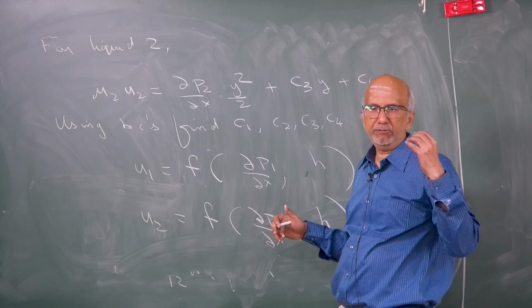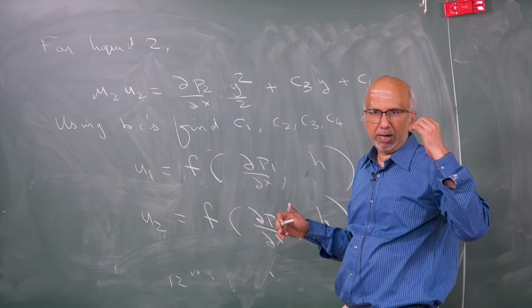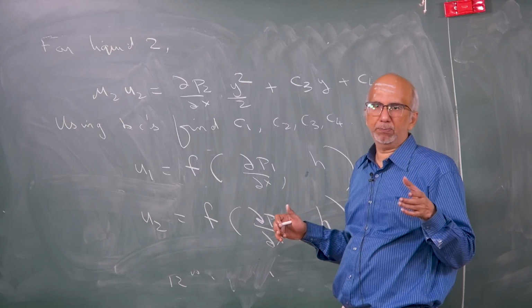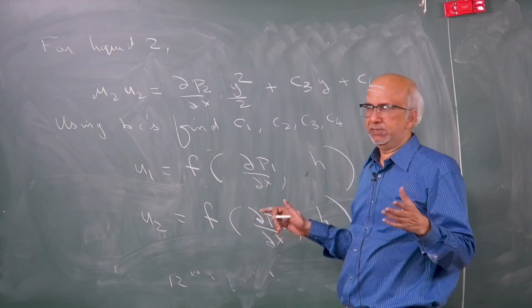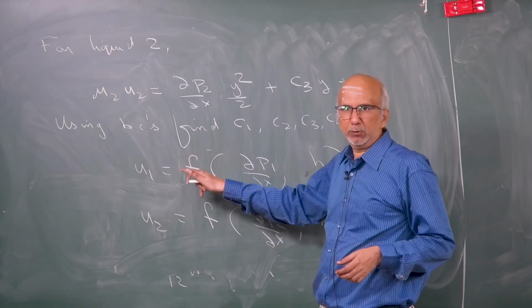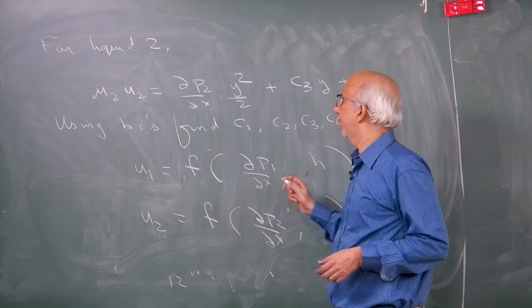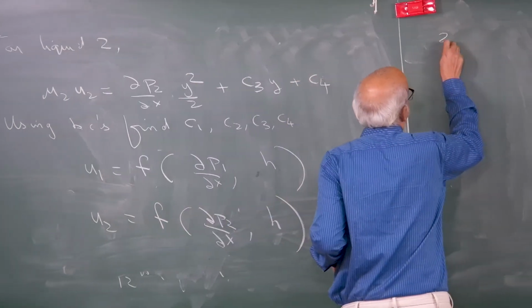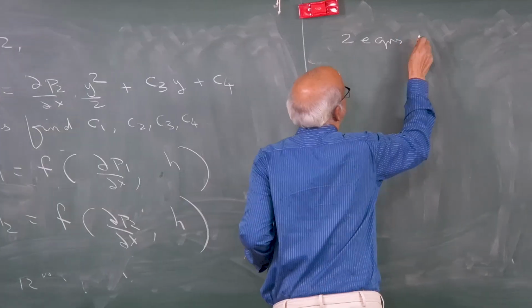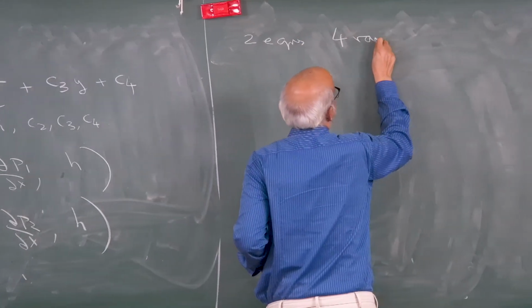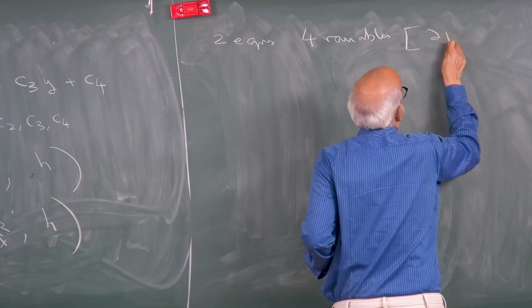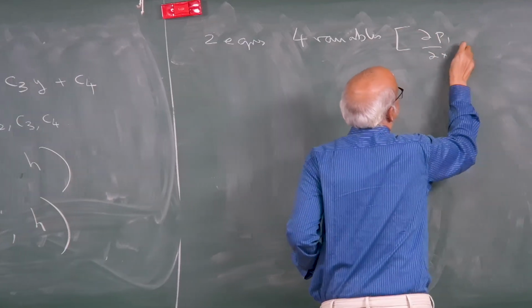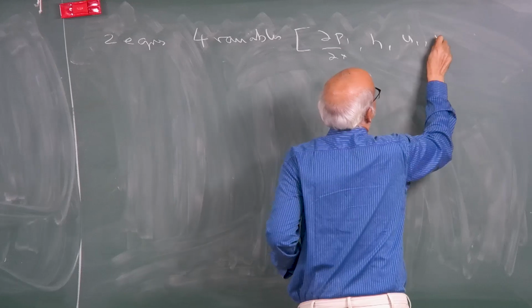So, if I tell you what the pressure drop is, if I tell you what the interface position, small h, is, you can calculate u1 and u2. Okay. So, basically what I am saying is 2 equations, 4 variables, okay, which is dp1 by dx, small h, u1, u2.